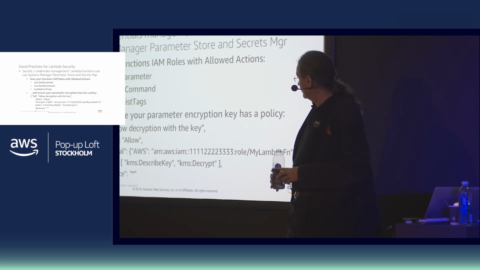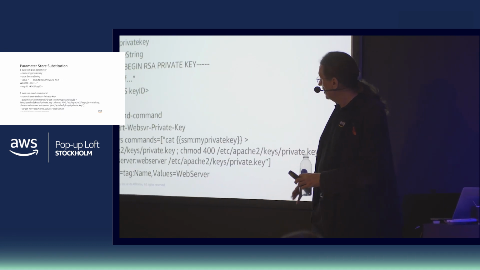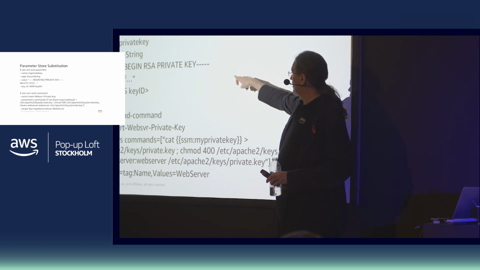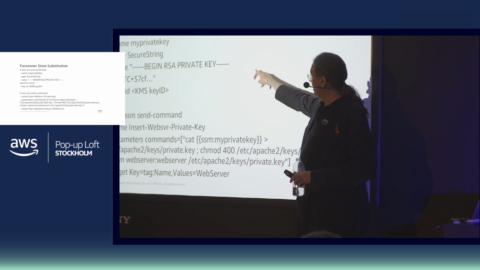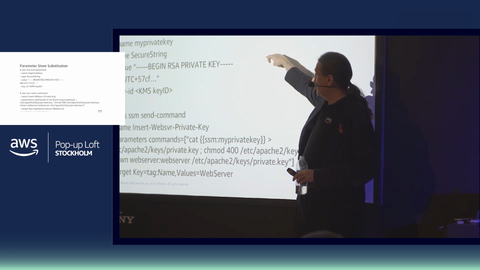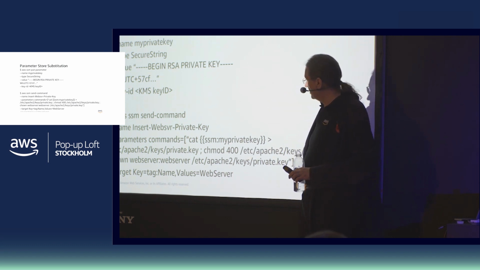And obviously you need to give your key a policy so that it can be used. So if I start off by putting my RSA private key into Parameter Store as a secret, I'm using the secure string type here to say use KMS, and I'm giving it a KMS key ID.